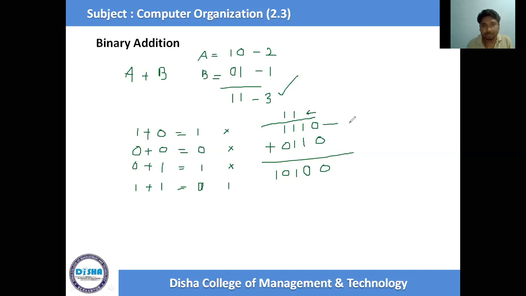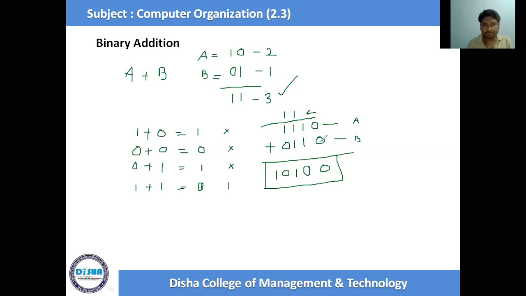We take one number as A, the other as B. When we add these two numbers, we get the result. In some results, we get the overflow condition. At that time you have to consider the MSB side.